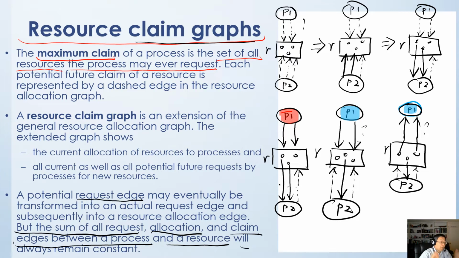So the maximum number of edges is just 2 for process 1, and the maximum number of edges is 3 for process 2. So that's a constant number, whether the edge is claim or request or allocation.